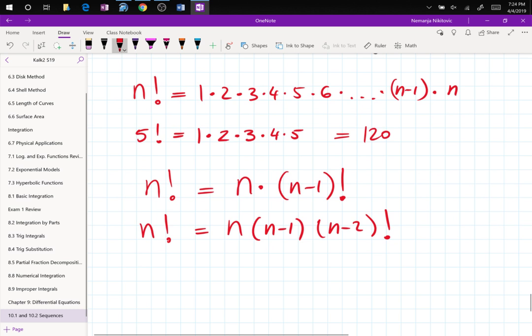Does this make sense? Let's go with 7 factorial. 7 times 6 times 5 factorial. See, 5 factorial contains all of 1 through 5, and then you have a 6 and a 7, together making 7 factorial. Sometimes you need to peel off, and if you do, you have the lesser factorial following.